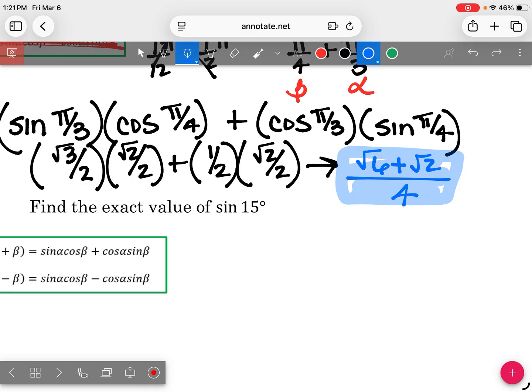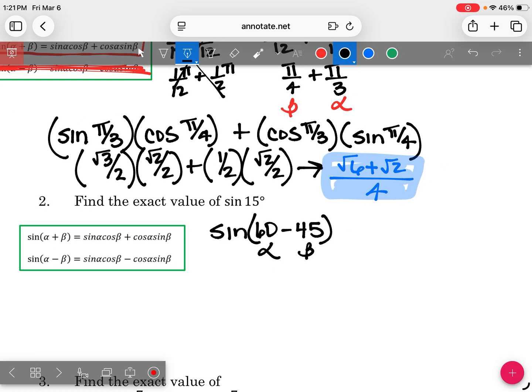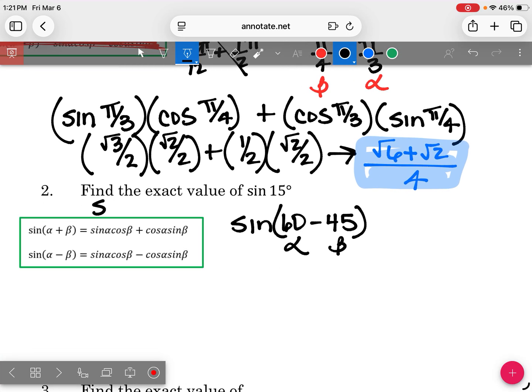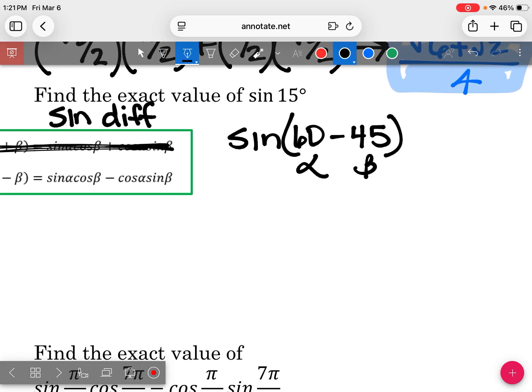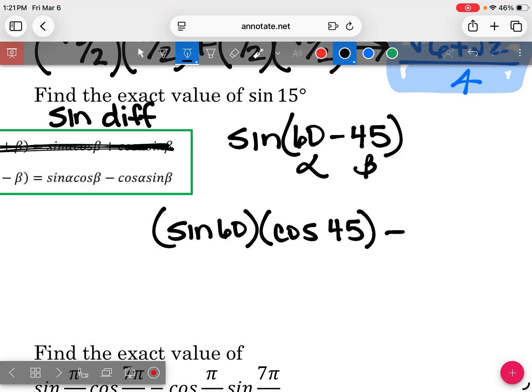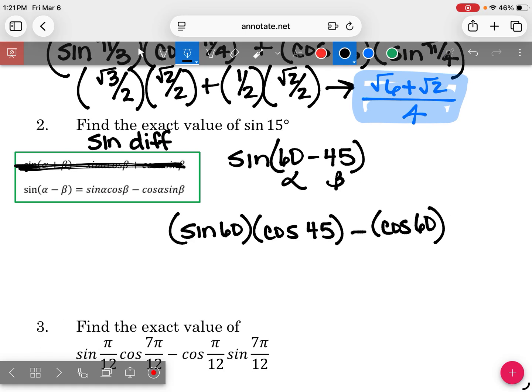So if you take the sine of 60 minus 45, this is alpha, this is beta. So this time I'm subtracting, so I'm doing the sine difference formula. So that would be the sine of 60 times the cosine of 45 minus the cosine of 60 times the sine of 45.